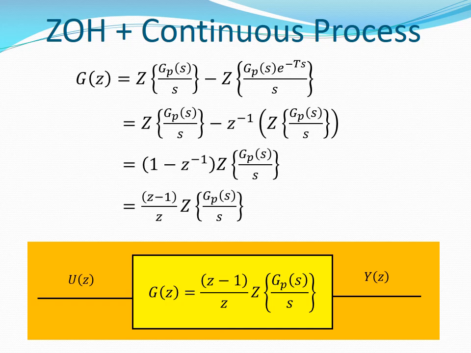We will get the expression for G(z) as G(z) equals (z minus 1) over z times the Z transform of Gp(s) over s. So this is the general expression that can be used to obtain the Z transfer function for a process preceded with a ZOH.